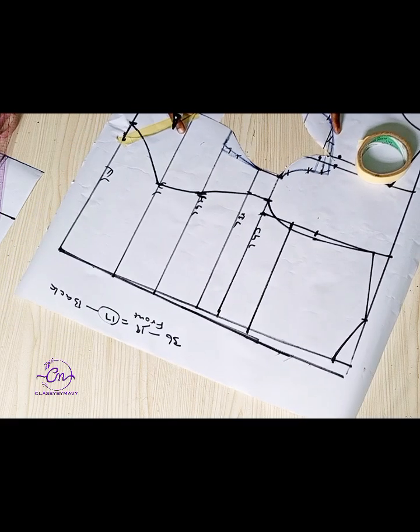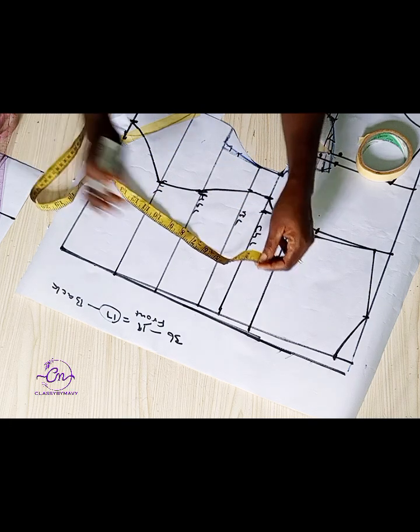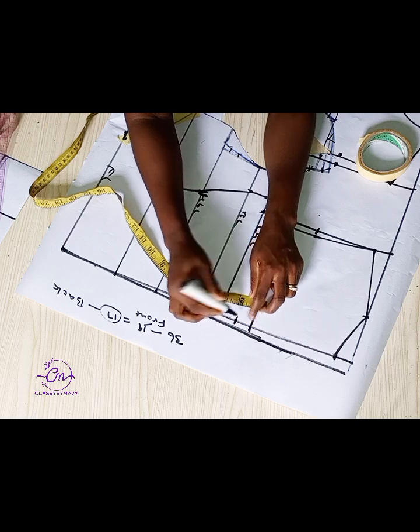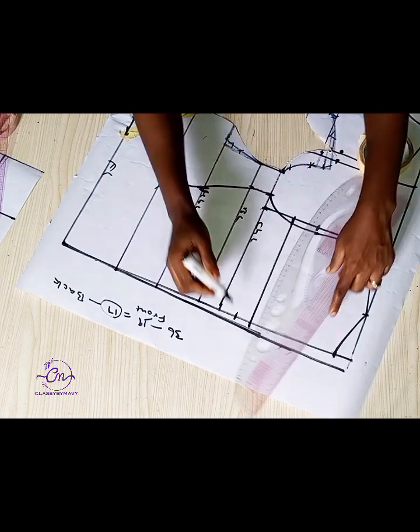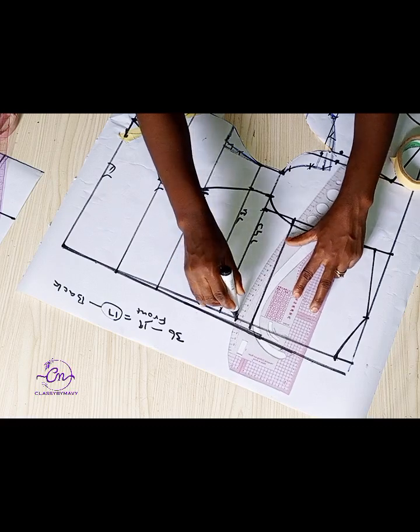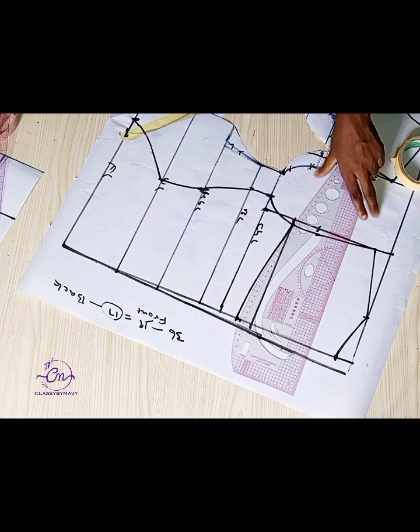The only thing we'll need to do right now is to shape out the back. First, I'll drop down this line by 1 inch. So from the back, we have dropped down by 1 inch. I will just link it to the side, just to give the final shape.